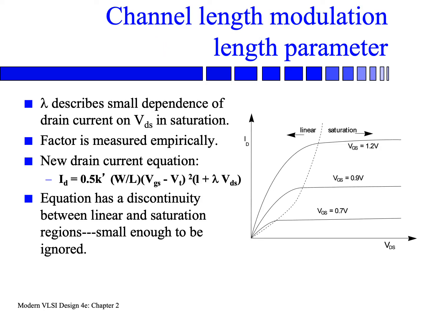Now we continue to review these important equations. As we know, we have two different regions for MOS transistors. For the right-hand side, this curve shows how the gate-to-source voltage affects the drain current, because the drain current essentially determines how powerfully the transistor can drive the next stage device.